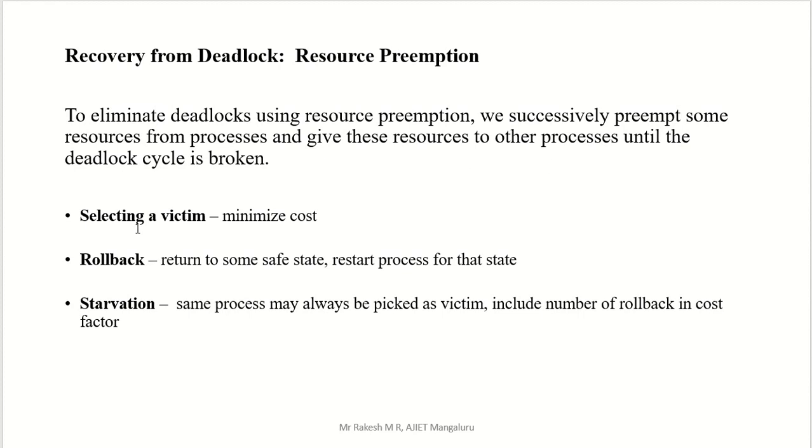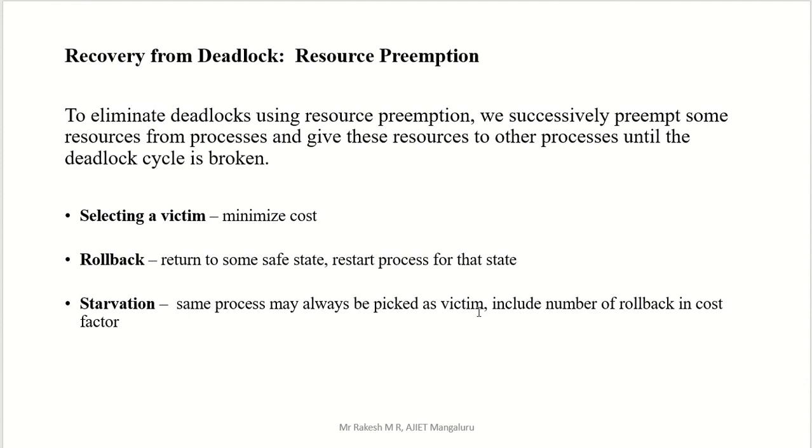But one problem here is from whom you are going to take the resource, and that matters. That is selecting the victim. Another issue is the chance of starvation. What does starvation mean? Sometimes the same process may always be picked as the victim. You are always taking resources from the same process and not giving any resource to that process.